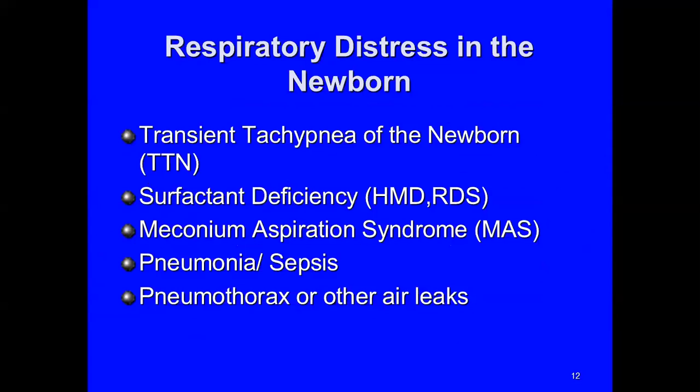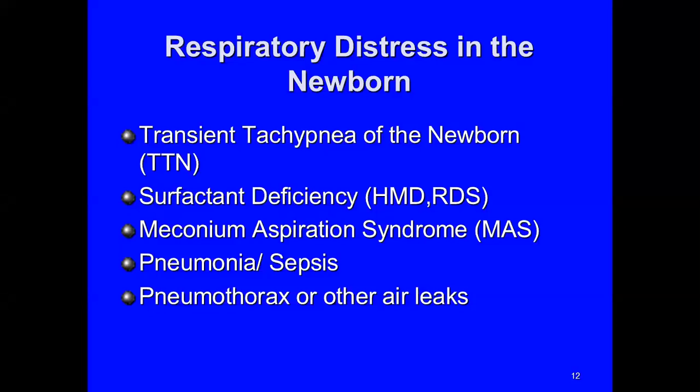This is also a surfactant deficiency. There are the pneumocyte cells, type 1 and type 2, and they can cause the deficiency of surfactant, causing the acute respiratory distress syndrome.